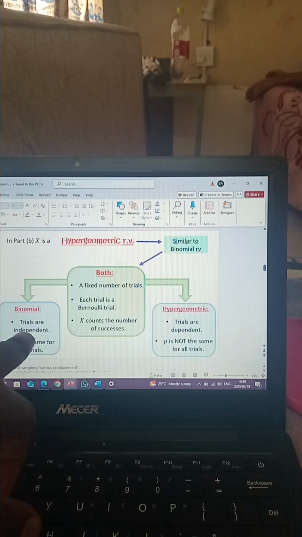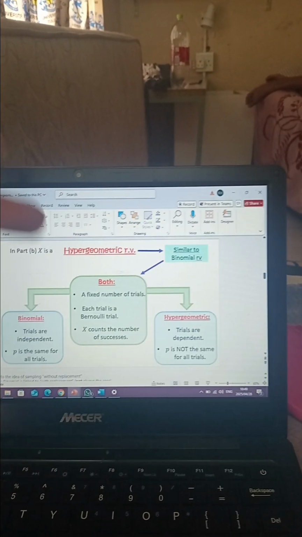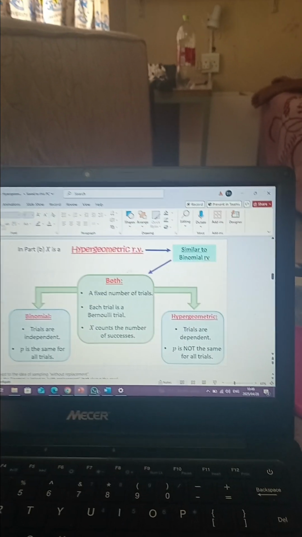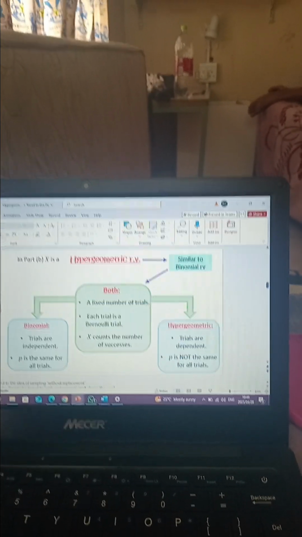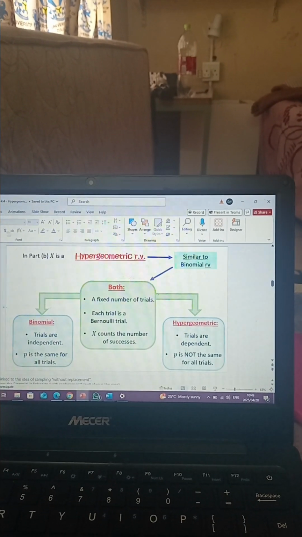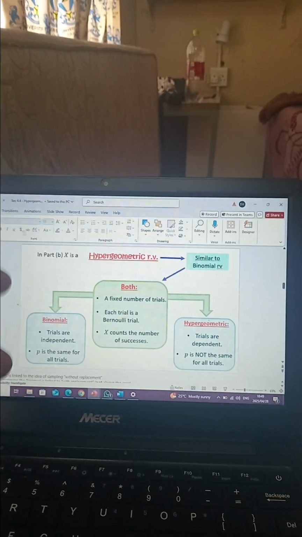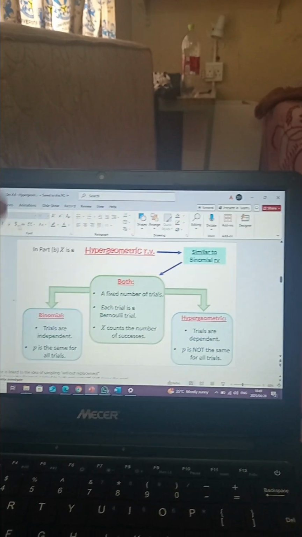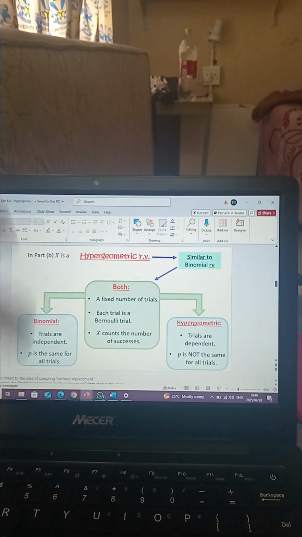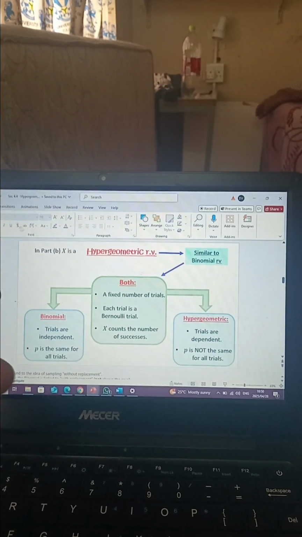It may happen that we have 2 coins and we toss these coins. We are interested in maybe the number of tails that we are going to get. We know that we can get a head and a head, a tail and a tail, we can also get a head and a tail, and also a tail and a head.